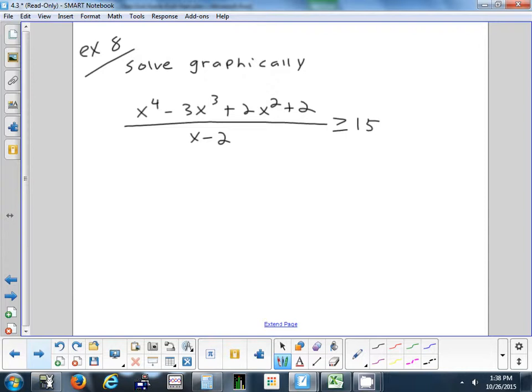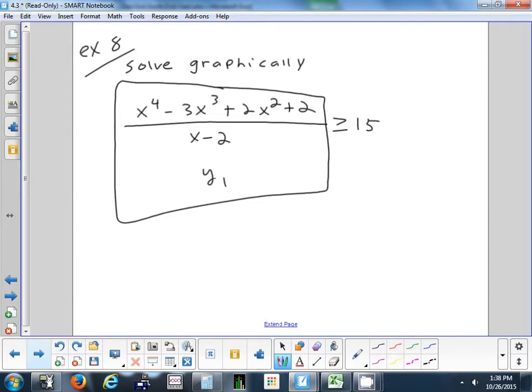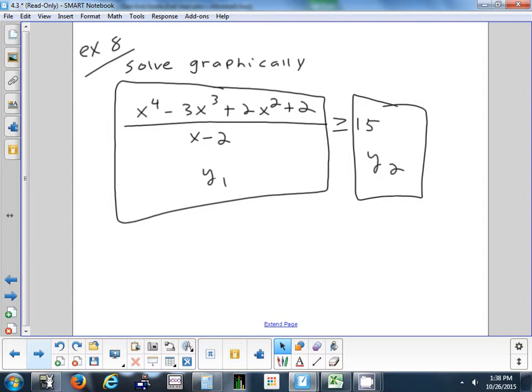So my suggestion, how I would do it, put that in y1, put that in y2, and then see where y1 is above y2. Or the other way you can do it is bring 15 to the other side, get it greater than 0, and calculate a root instead of an intersection. Either way is about the same amount of work.